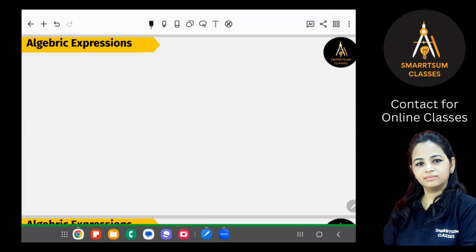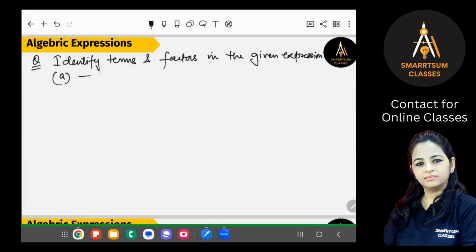Let's see some examples. A question. Identify terms and factors in the given expression. A: minus 4x plus 5.